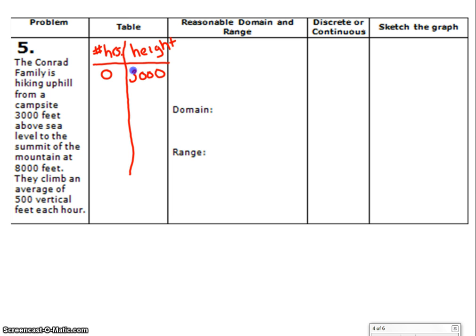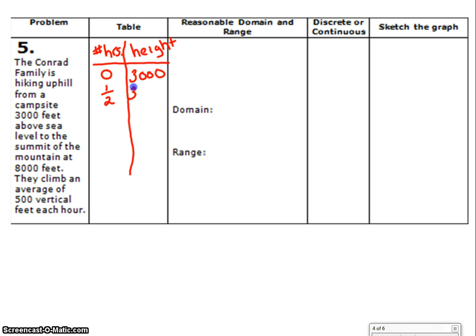Okay. Now, can they go a half an hour? Well, they sure can. Okay, time is measured by half hour. So if they went a half an hour into their trip, they would be 250 feet past where they started. Okay, because this says 500 feet for each hour. But if they're only at a half an hour, that means 250 feet.